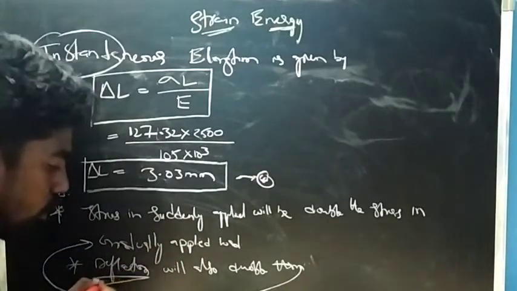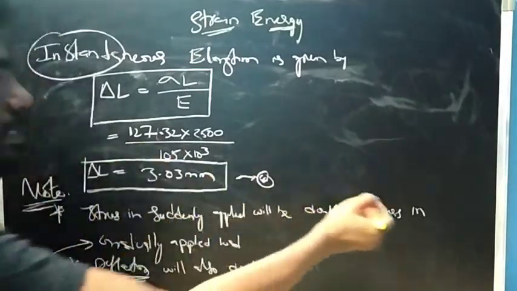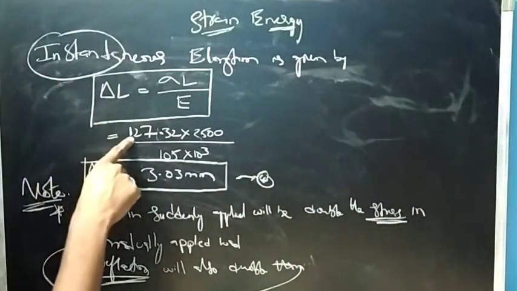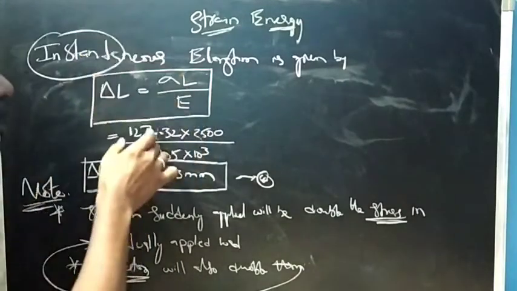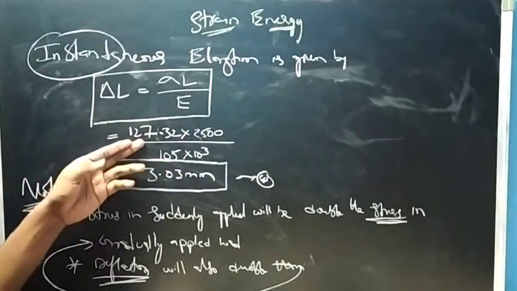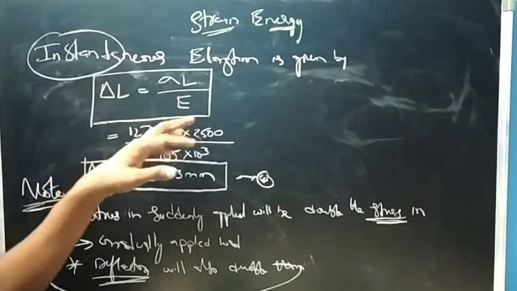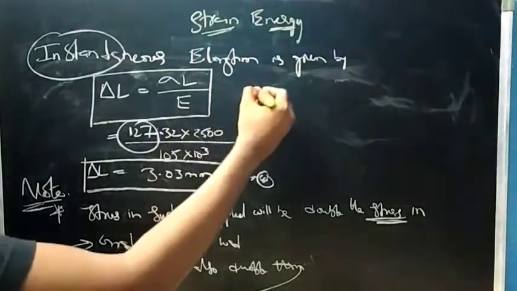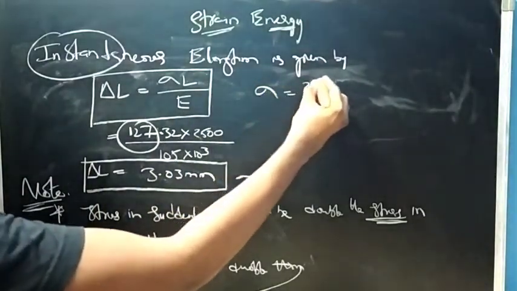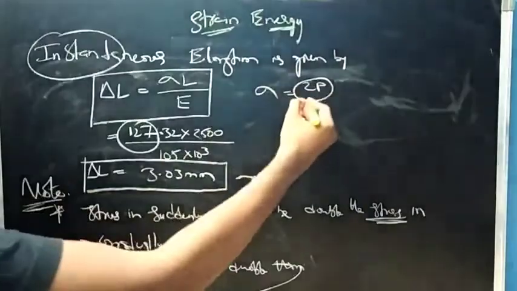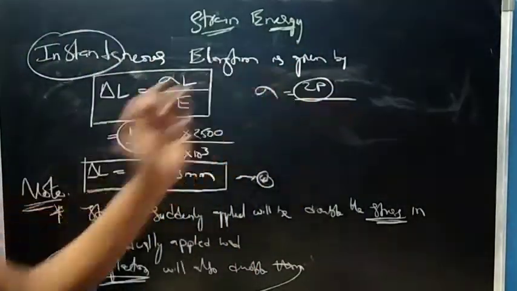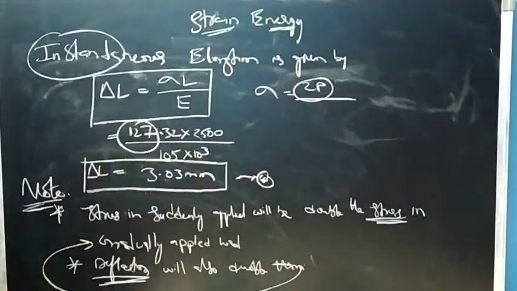So deflection is going to be double, and stress is going to be double. It is a practical example. Previously in gradually applied load we got the value that is half of this, then after the suddenly applied load the value increases, because we know the formula, sigma equals 2P. The load effect will increase, and that means the strain energy and the force are also doubled. So this is how you can find out the suddenly applied load.